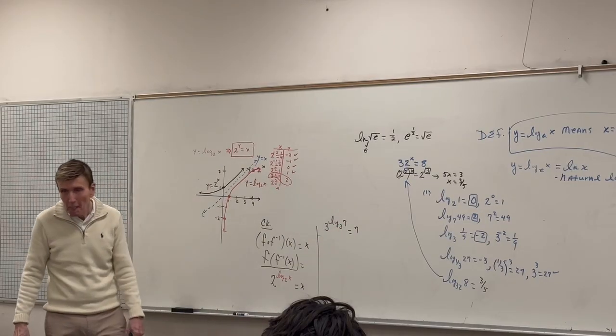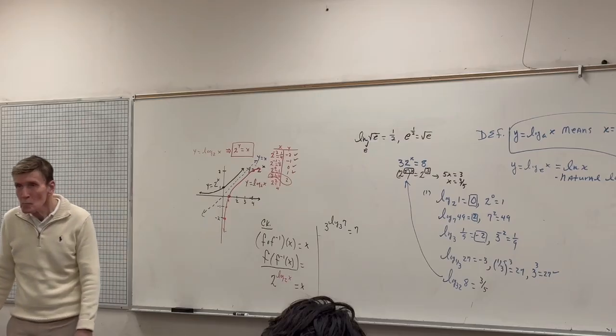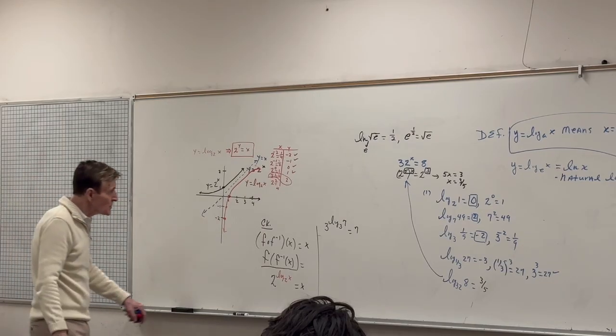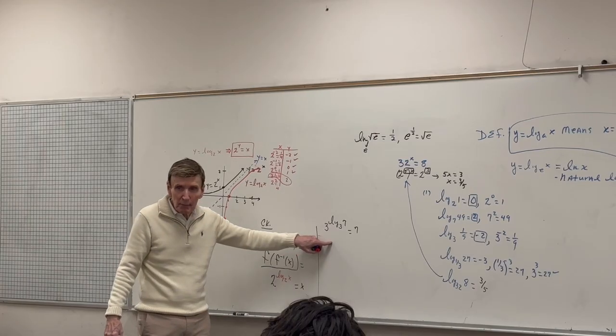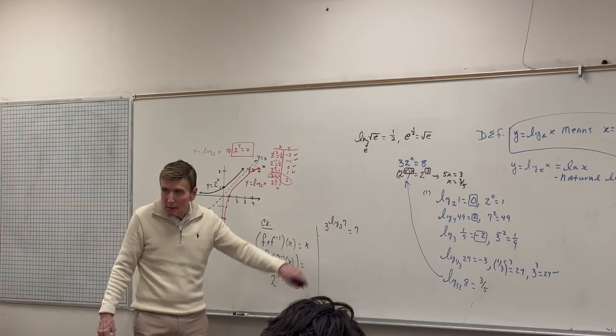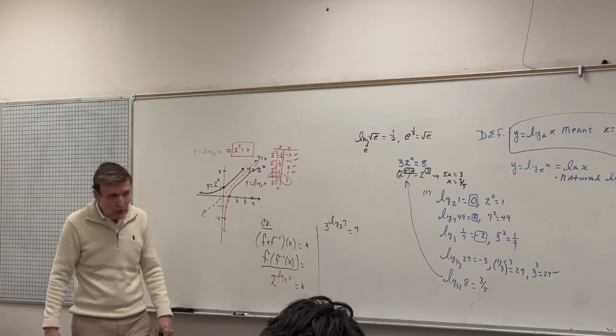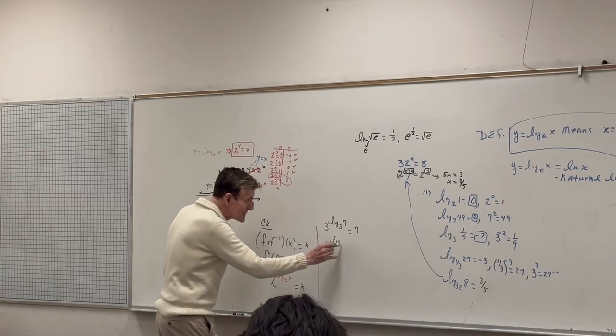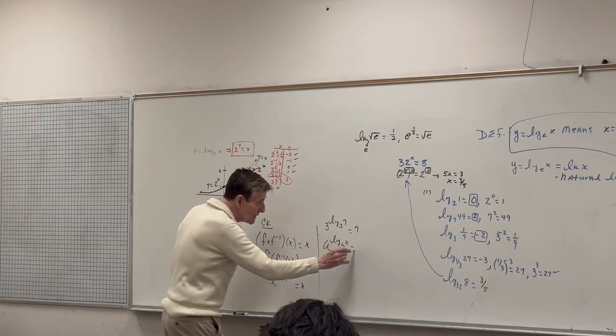If someone walked up to you in the hallway and asked you 3 raised to the log base 3 of 7, it's 7. Now, in general, a raised to log base a of x is x.